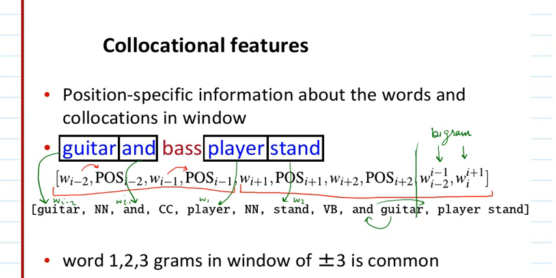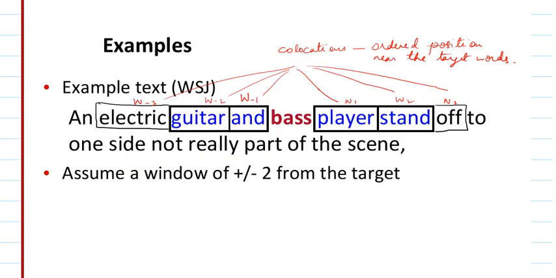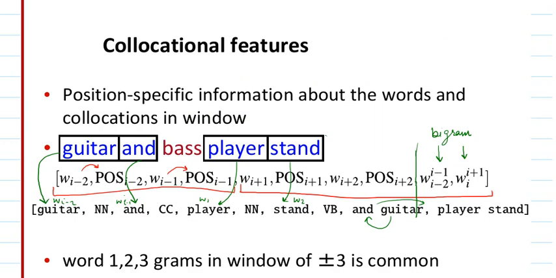If there is a window of plus minus 3, the bigrams generated will be electric guitar, guitar and, player stand and stand off, right? So again, while defining the feature vector, we need to fix what are the different features that we are taking into consideration. If we are taking into consideration the co-locations, the POS tags and the n-grams, the number of features will be 6 here for window size plus minus 2.